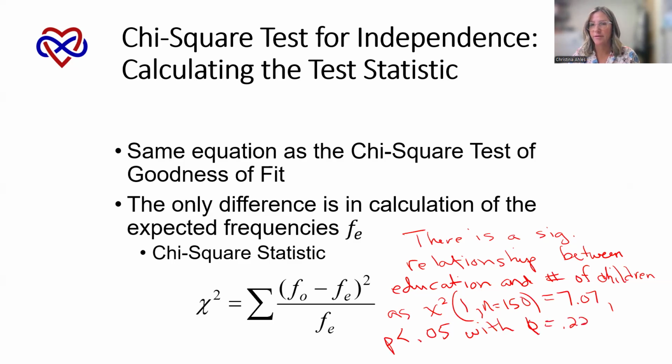And that's a very sloppy phi, but it is a phi coefficient. That's all we would say. There is a significant relationship between education and number of children. Give the chi-square, the test statistic, how P is related to alpha, and your effect size, and you're all done.